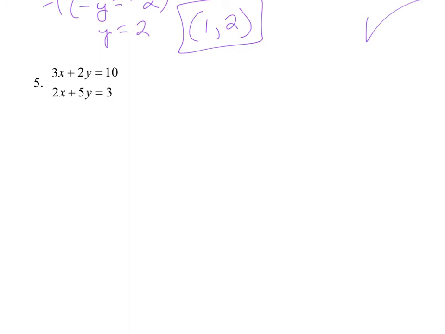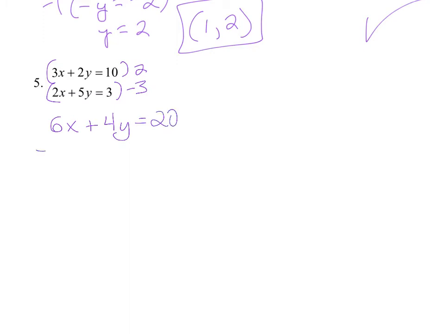So I'm going to eliminate my x's. I'm going to multiply the top equation by 2 and the bottom equation by a negative 3. So I have opposite signs so that they will be able to add and disappear. Times 2 gives me 6x plus 4y equals 20.